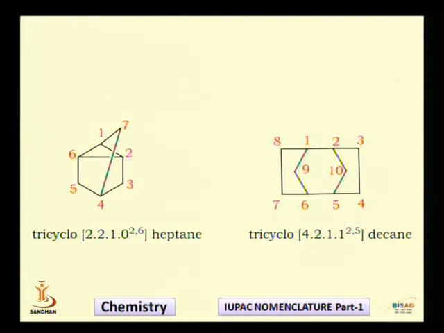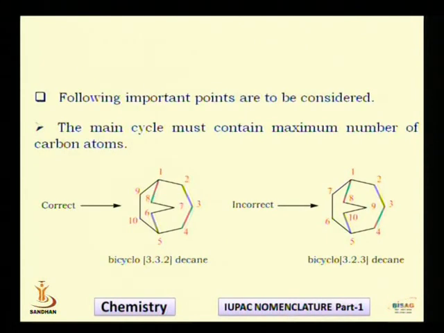And now we will go for some other rules, which are for higher systems. So see, this is one rule: when you give the numbering in your molecule, the principal bridge, the main cycle, should have a maximum number of carbon atoms.